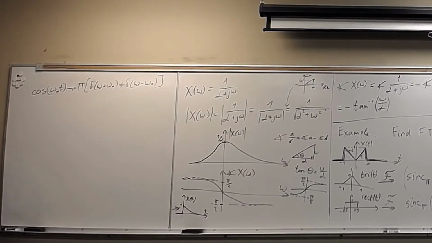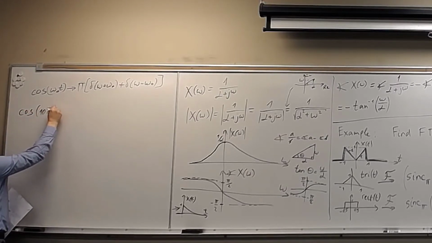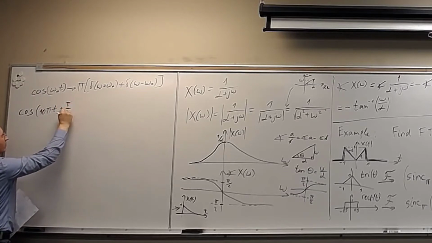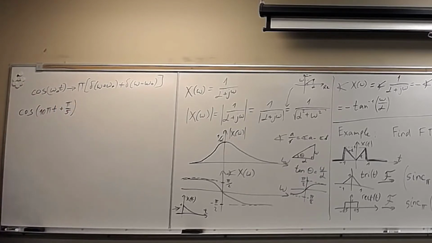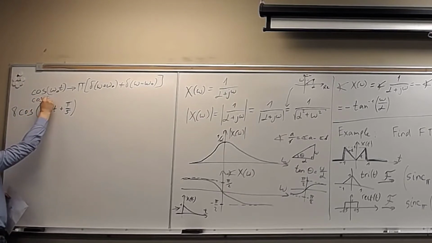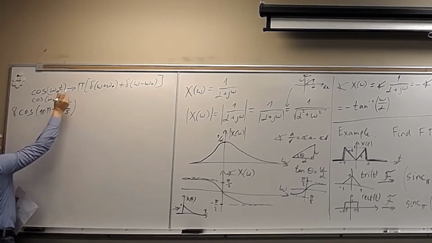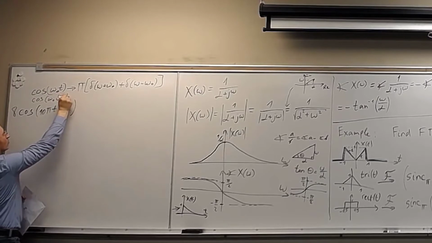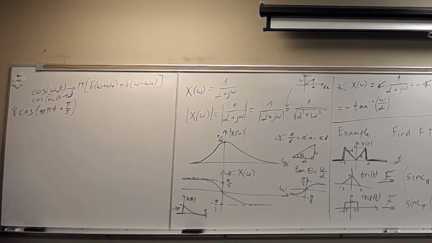You have cosine 10 pi t plus pi over 5. What you need to do to get to that format is time shift. Because time shift will look like cosine of omega 0 times t minus t0, something like that.